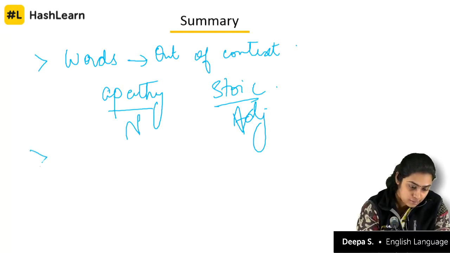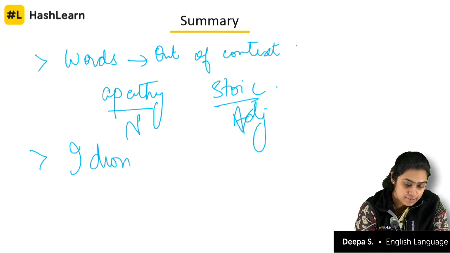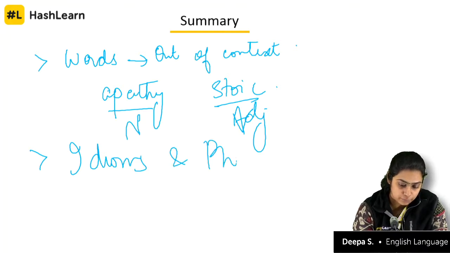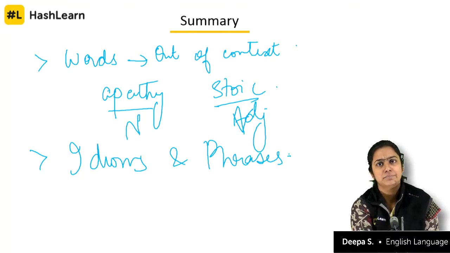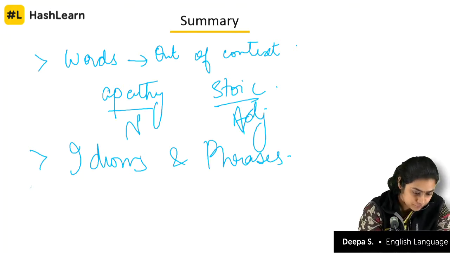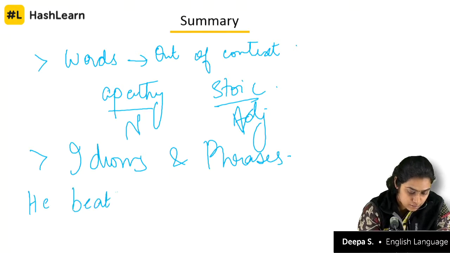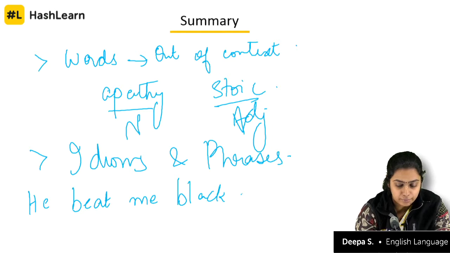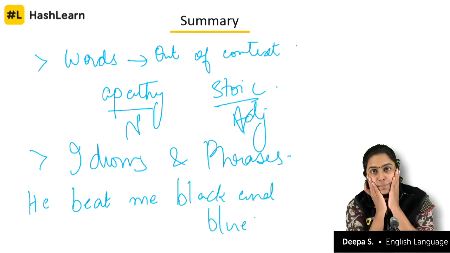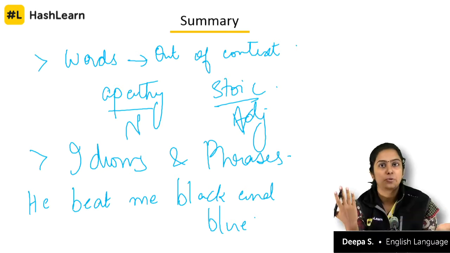And then there are idioms and phrases. We have seen quite a few. Example: he beat me black and blue, meaning he beat me up and I'm all bruises.